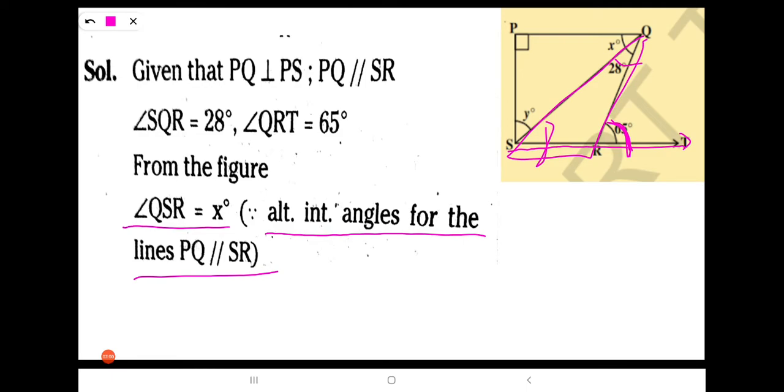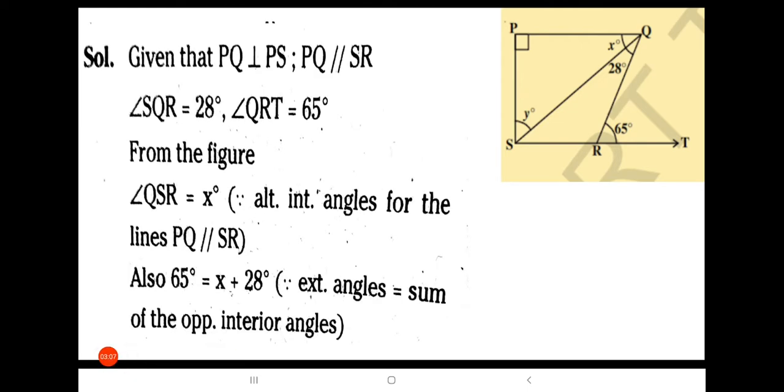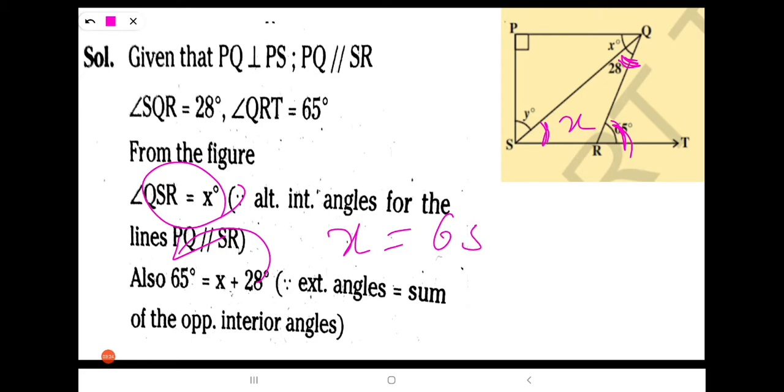This is one of the triangle properties. So 65 degrees is equal to the sum of 28 degrees plus X, which we got here. If you transpose this X to this side, X is equal to 65 minus 28 degrees. That is nothing but X equals 37 degrees.